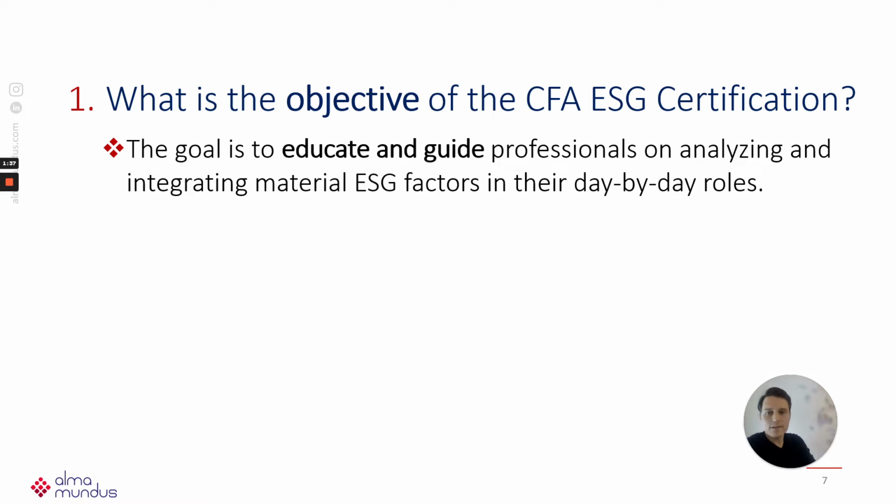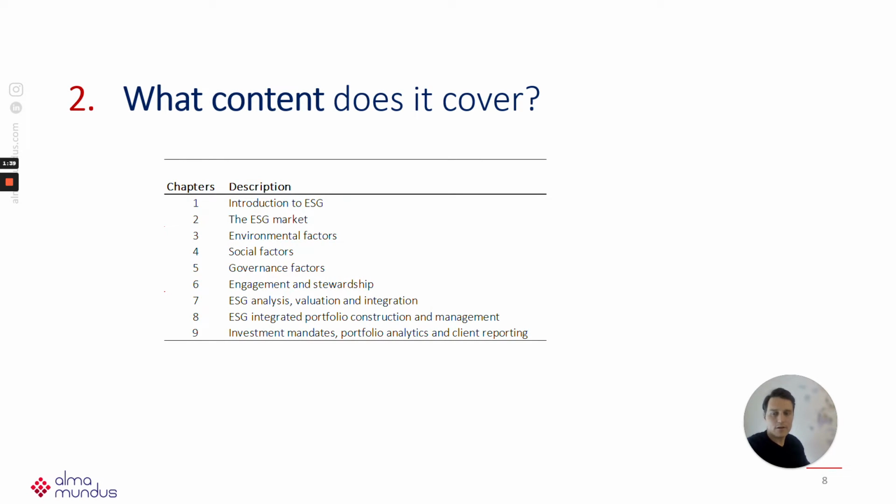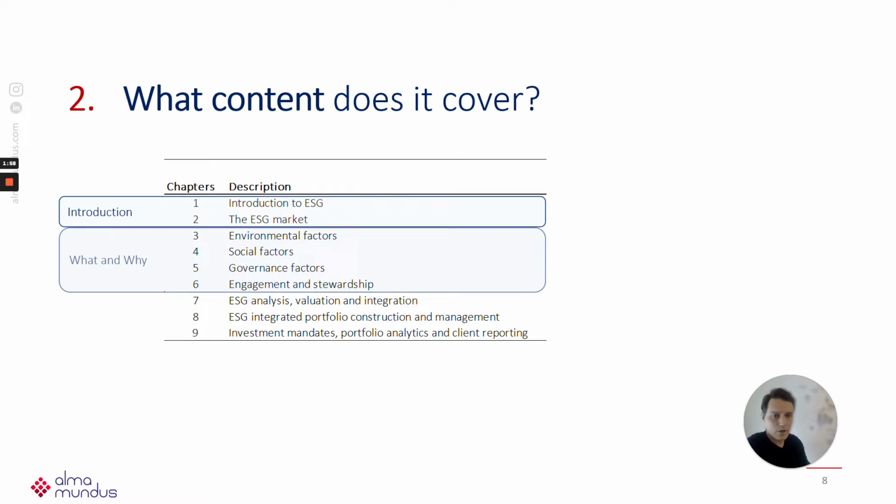The second question is about the content of the certification. What does it cover? If you are familiar with the official book of the CFA ESG certification, you know that you're going to have 9 chapters, and these 9 chapters are divided into 3 main sections.